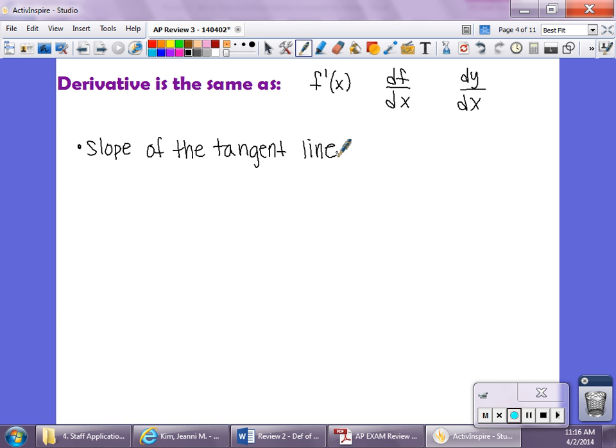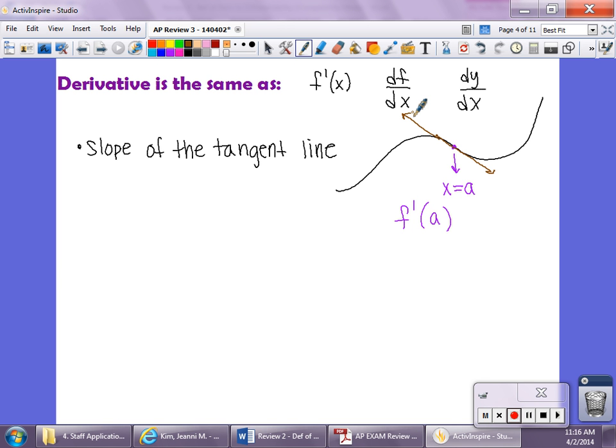So given any kind of function I decide to make, if I pick a point and I want to find f prime of a, I call that point x equal to a. The answer to the derivative will be the slope of the line that's tangent. So this line, if I was to find the slope of it, that would be the derivative at x equal to a. So that's the most basic thing that we learned.